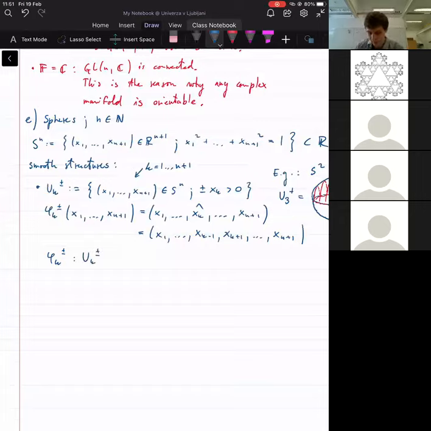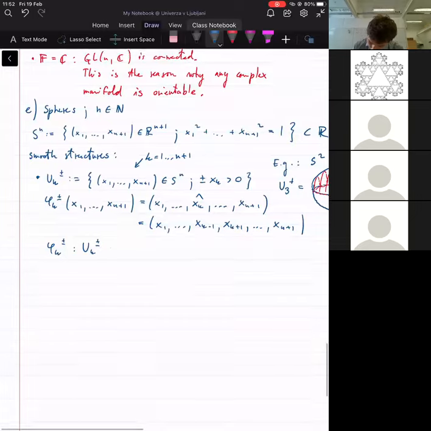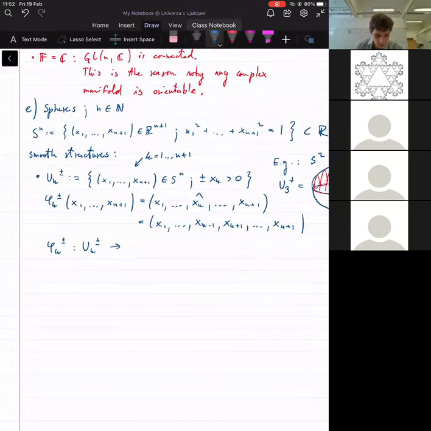If I am picking a plus with the phi, I am also picking the plus with the U_k. And this goes into the open unit n-ball. Okay, so this is commonly denoted as such.